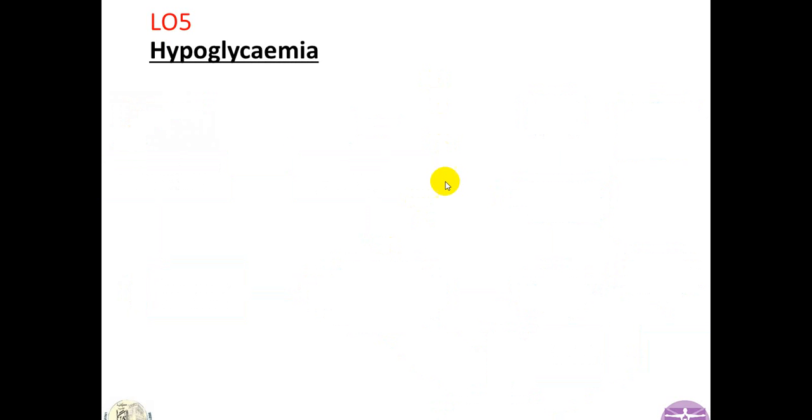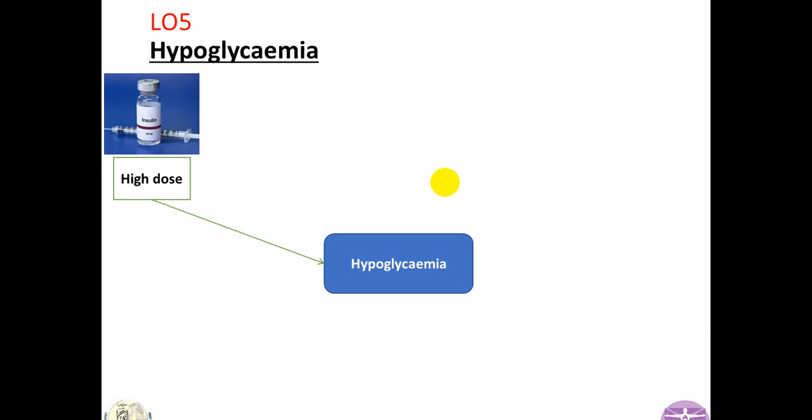What about hypoglycemia? So hypoglycemia usually will not occur in a patient with diabetes unless there is one of four things.